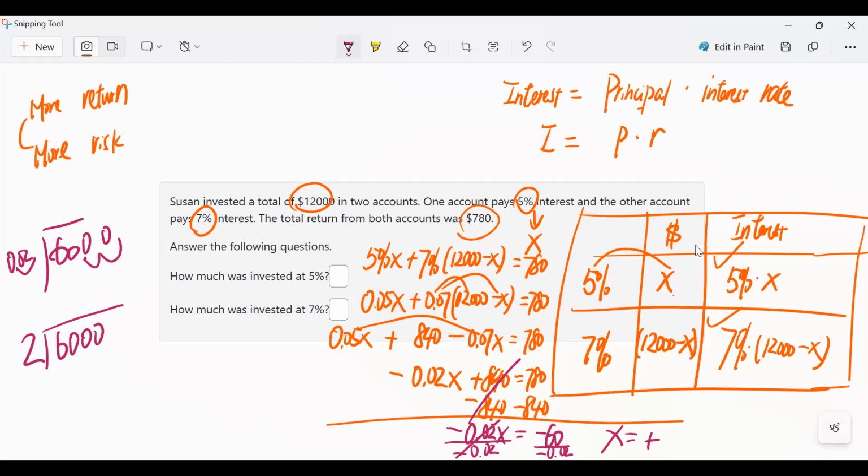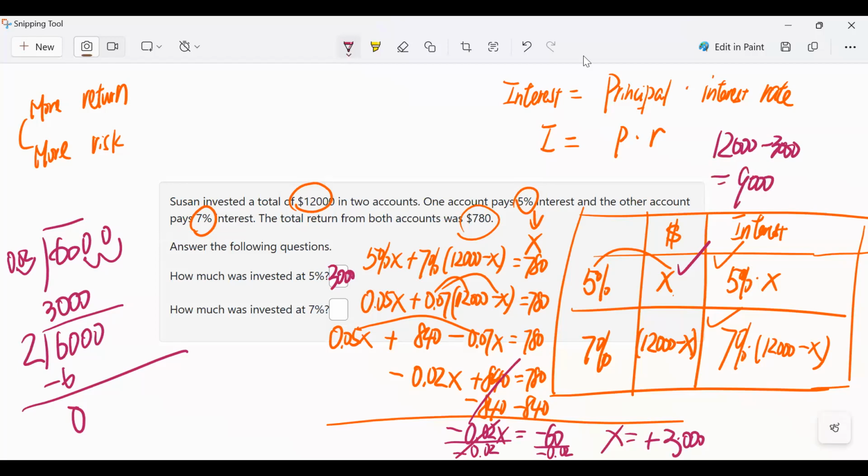2 goes into 6 three times. 3 times 2 is 6. And then the zeros: copy all three zeros into the quotient. So X equals 3,000, positive 3,000. That means you put $3,000 in the 5% account. And then the other account will be 12,000 minus 3,000, that is 9,000.